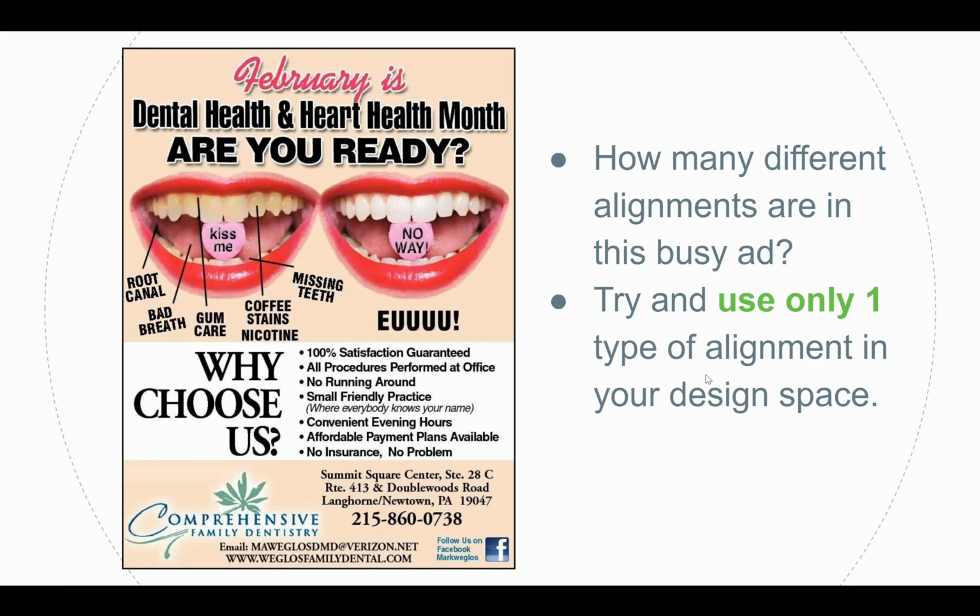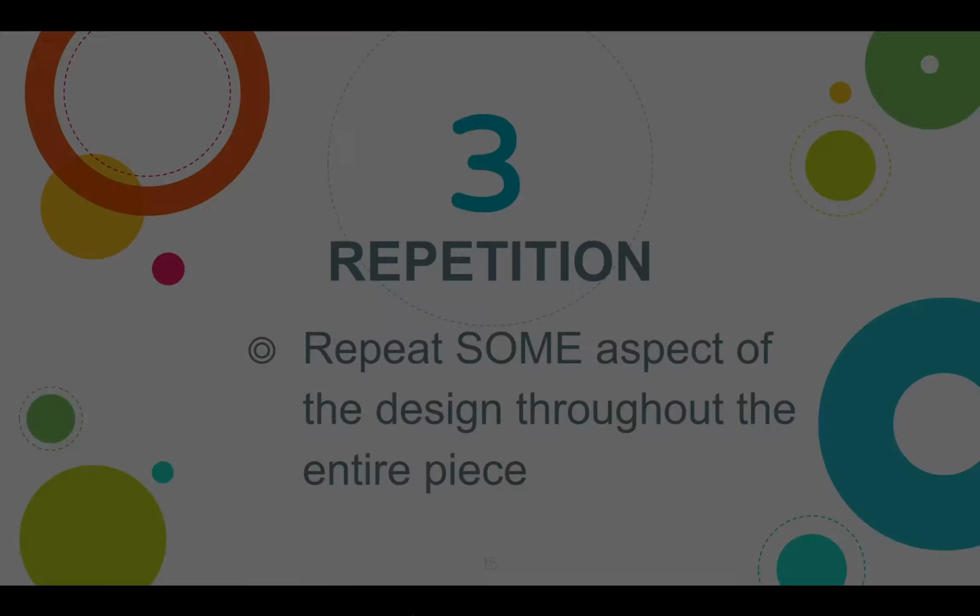She mentioned many times, try and use only one type of alignment in your design. If you must use two, fine, but the main focus text or information should be one, and the other smaller one would be sort of like an accent area. Please do not have as many versions as this one.